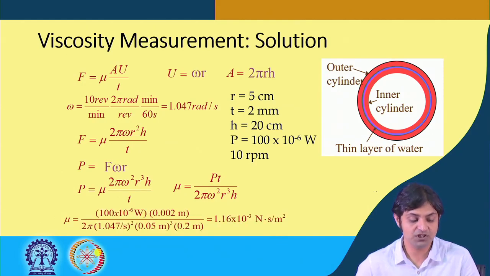On substituting the values, P as 1 into 10 to the power minus 6 watt, thickness as 2 millimeters, omega we already found out, it was 1.047, r is 5 centimeters or 0.05 meters, and h is 0.2 meters, we can get 1.16 into 10 to the power minus 3 Newton second per meter square.